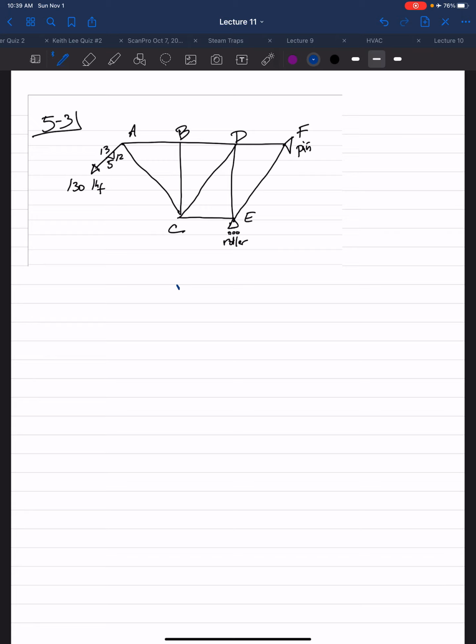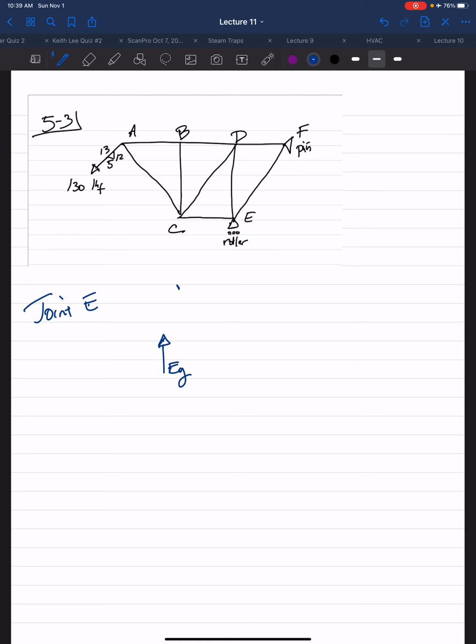So if we now work at joint E, the roller at E is a vertical component of that support reaction.